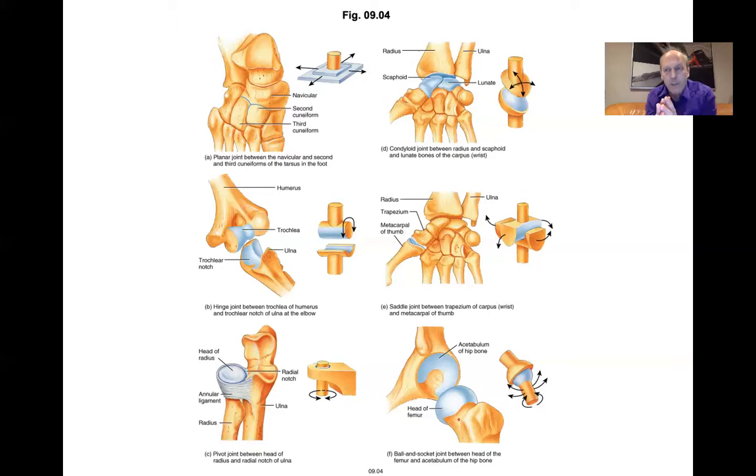So articular surfaces in this case are convex and concave, and one joint in particular benefits greatly from being a saddle joint. That is the joint between the trapezium, one of the 8 bones of the carpus, and the first metacarpal bone, the one that belongs to the thumb.